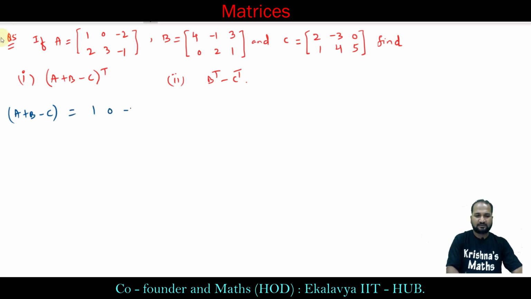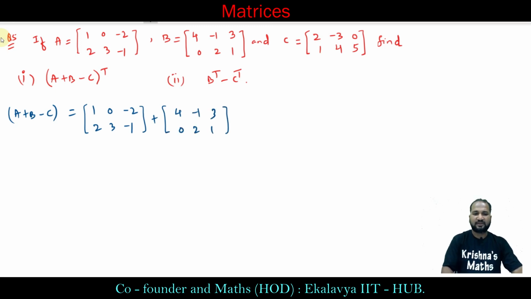A is 2 3 minus 1, this is A. Add B: 4 minus 1 3 0 2 1. A plus B minus C. C is 2 minus 3 0 and 1 4 5. Add the first matrix, subtract the third matrix. 1 plus 4 is 5. 5 minus 2 will be 3. Now 0 minus 1 will be minus 1.